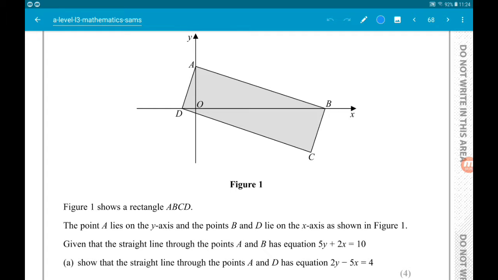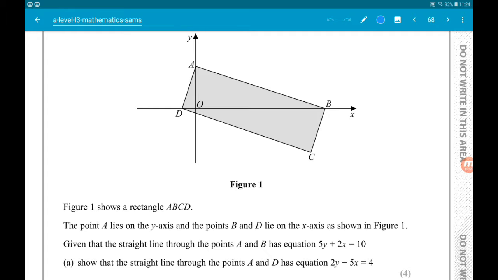Given that the straight line through the points A and B has equation 5y add 2x is equal to 10, part A, show that the straight line through the points A and D has equation 2y minus 5x is equal to 4.